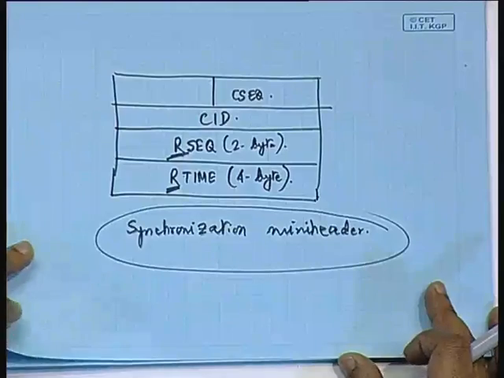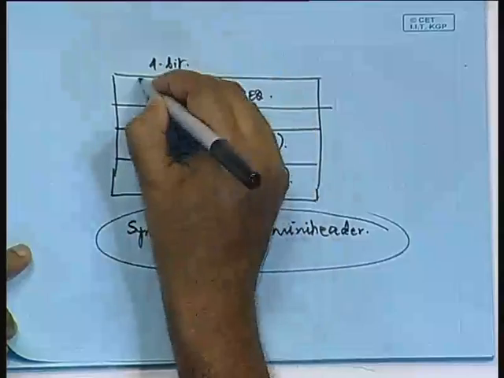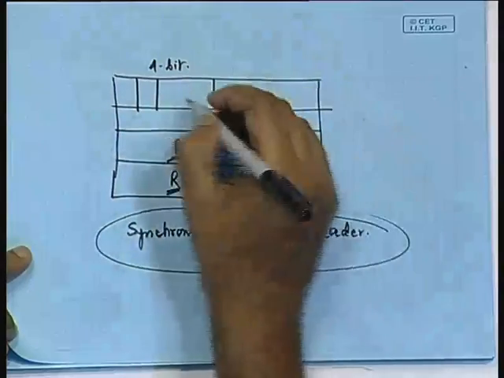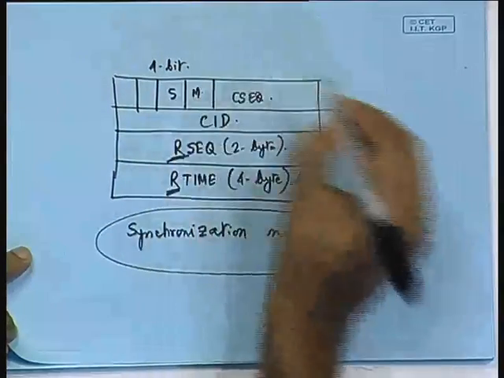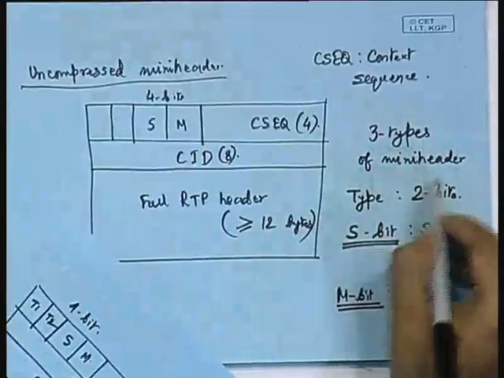The second type of mini header we talked about is what is called the synchronization mini header, where the complete RTP header is not given, but other than this 4 bit field, that means the type number and the S bit and the M bit. So, T1 and T2 are the type number, that is, what type of mini header it is.